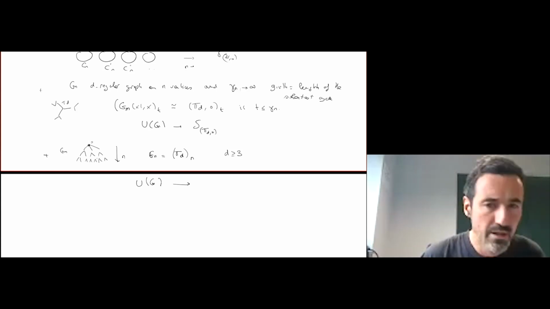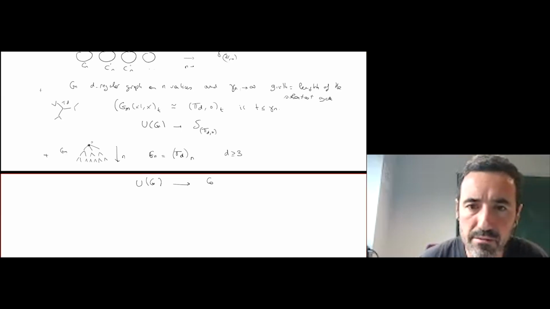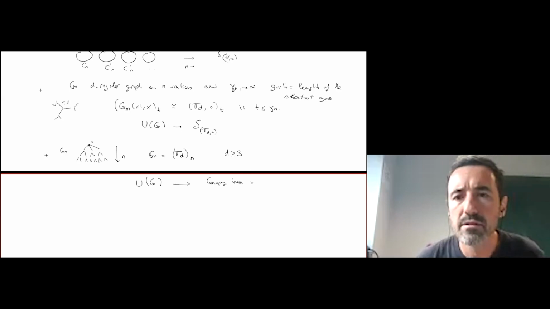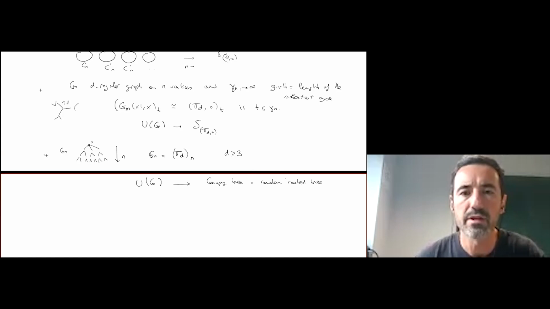Okay, so this will converge to what is called the Canopy Tree, which is a random rooted tree, which you can define as follows.